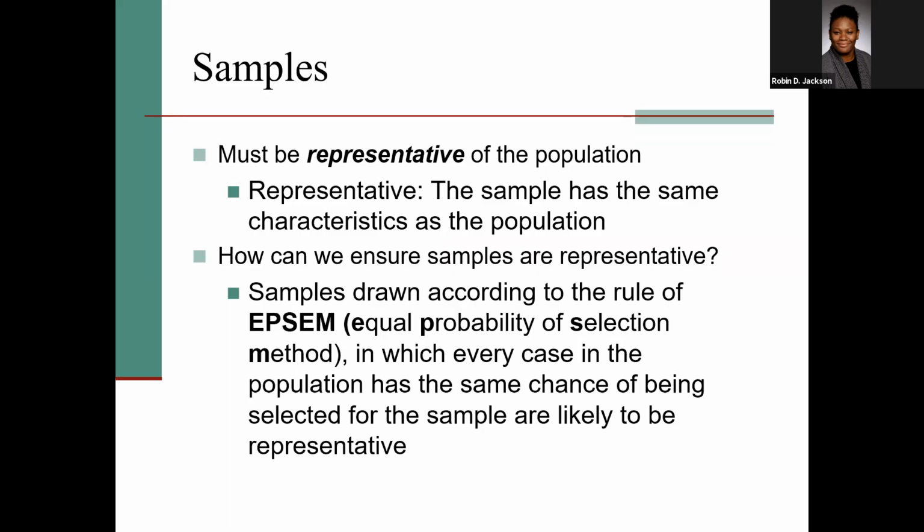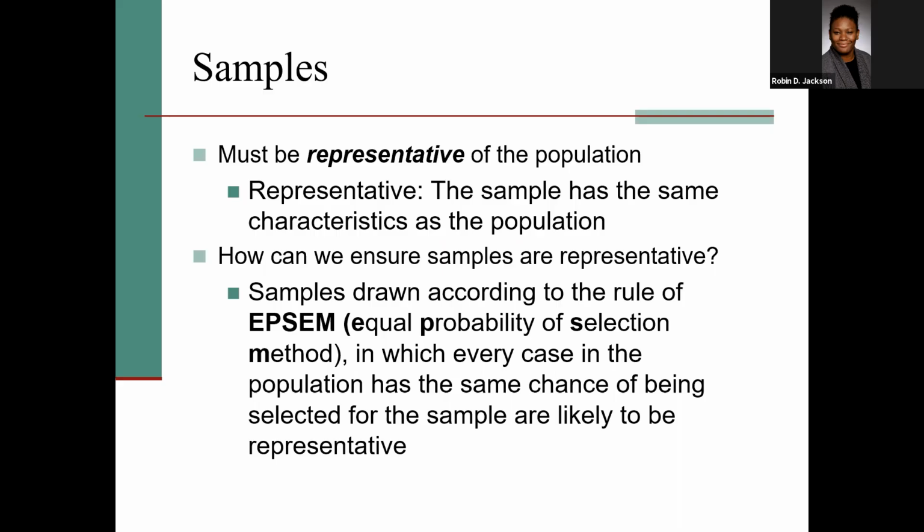So if you remember my example a little while ago when I was talking about convenience or non-probability sampling, and I said that I just went to criminal justice classes, that sample would not be representative of PBAMU students, because if I'm pulling my sample just from criminal justice majors, then what about all the other majors on campus? So that sample wouldn't be representative, okay?